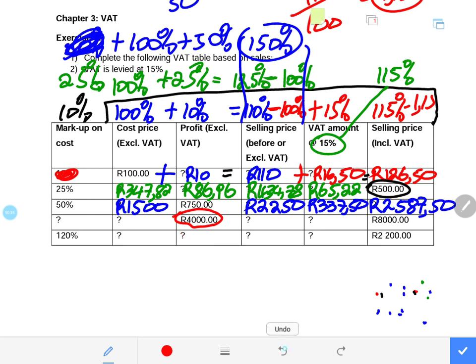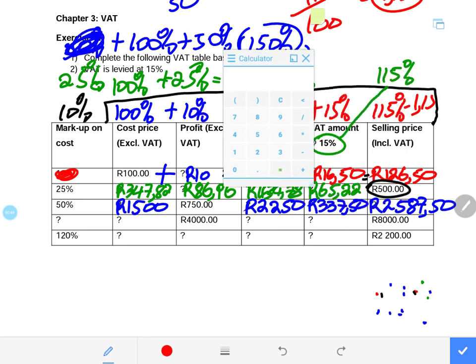Why are we saying 8,000 times 100? We are looking for the amount before the VAT was added, so we divide by 115%. This gives us 6,956.52.